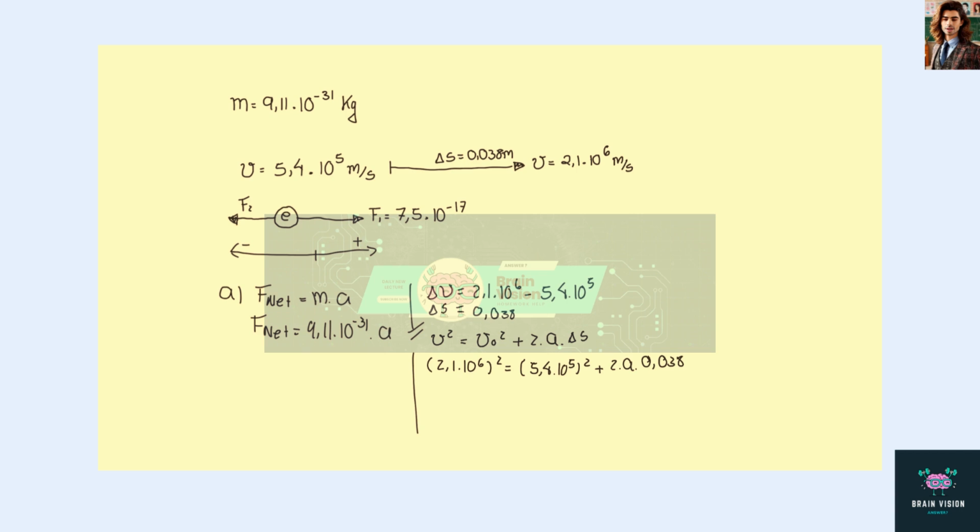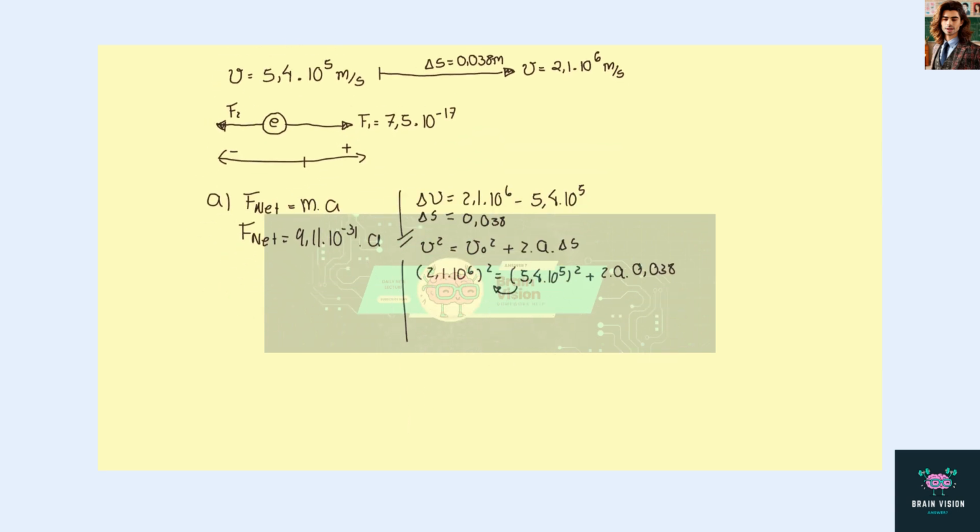In order to do that, we have first to do some things. So we send this term to the other side to get the following. So we get 2.1 times 10 to the 6th squared minus 5.4 times 10 to the 5th squared is equal to 2 times the acceleration times 0.038.